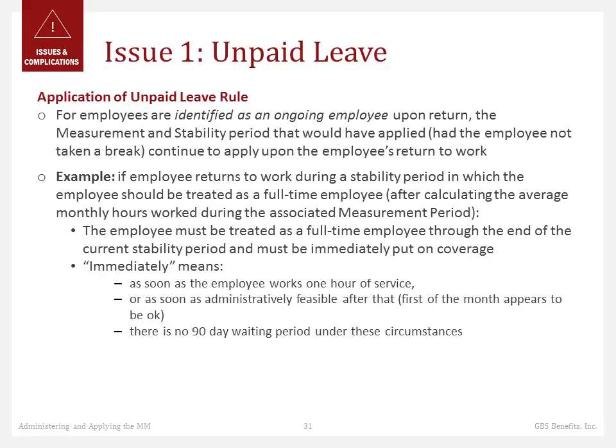In other words, the point for this rule is when they return, if they were supposed to have been an ongoing employee and if, based on that and their earlier hours, they should have been on coverage, then you need to put them back on ASAP.